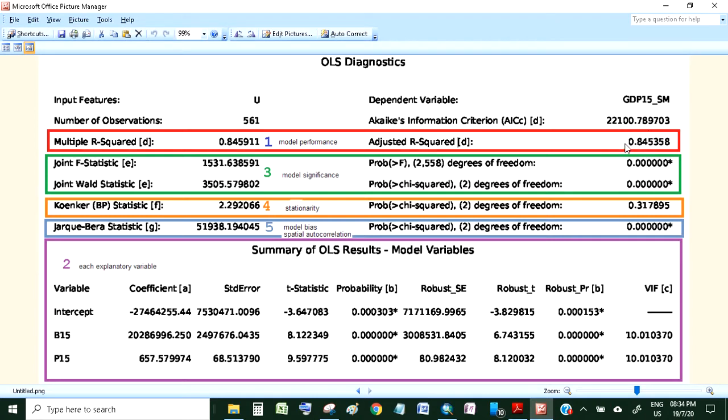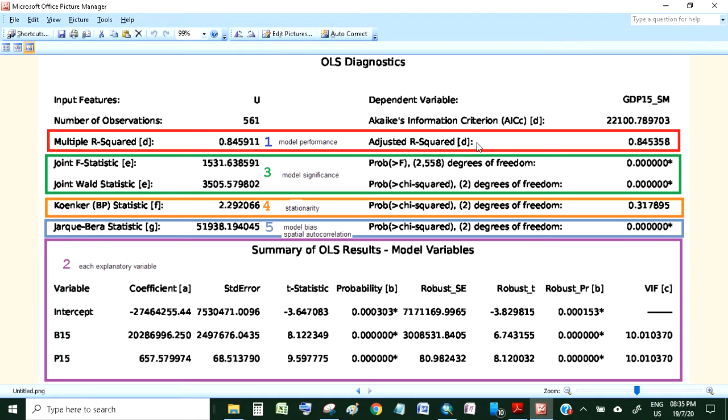In other words, explanatory variables are explaining 84% of the story of the GDP during 2015. If it is less, the explanation by explanatory variables is less. If it is more, then explanatory variables help us be confident that this variability is because of these explanatory variables. So if you want to see the model performance, this is the first thing you should see in your result.